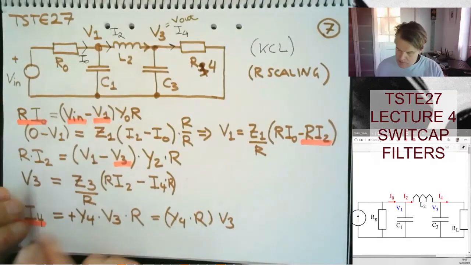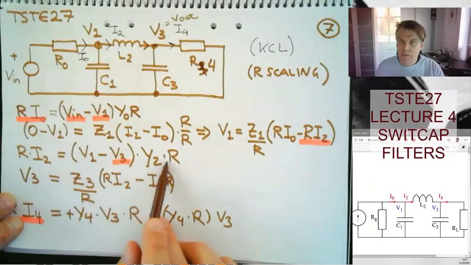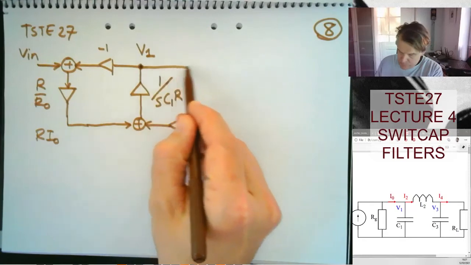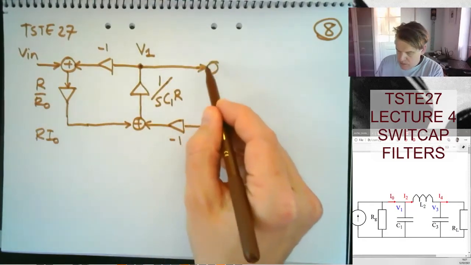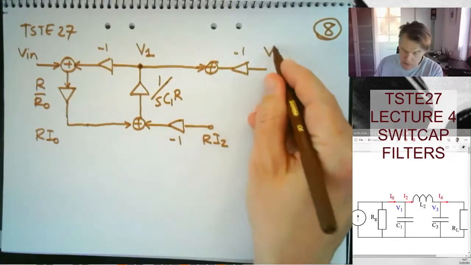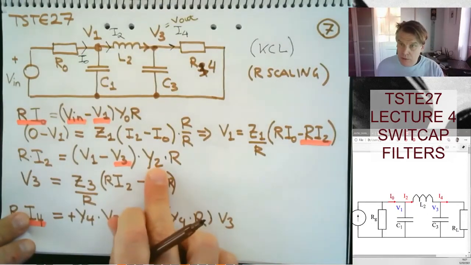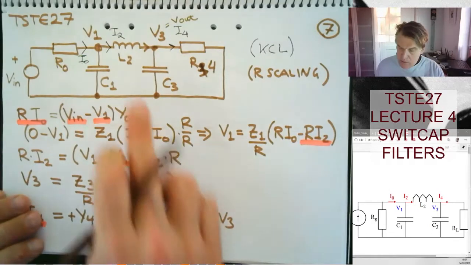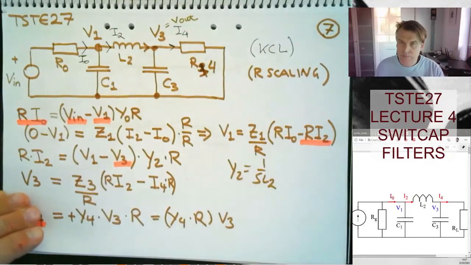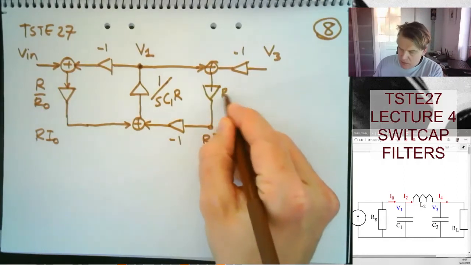And then we look at Ri2 here. It's going to be a multiplied summation of V1 and V3. So V1 we just pick here, and we sum that with a minus 1 version of V3. And then I take that output and multiply with Y2R. Y2 is the admittance of the inductor, so Y2 is equal to 1 over SL2. So this is going to be yet another integration, and that's going to be R divided by SL2.